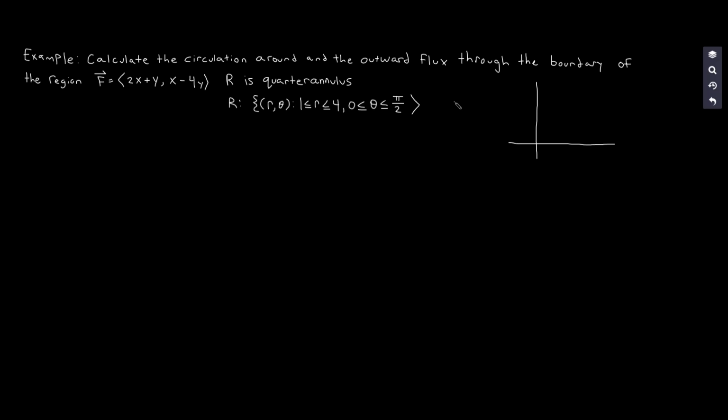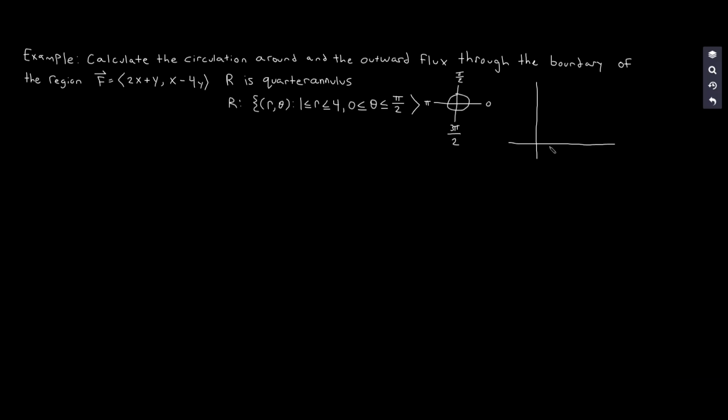When we deal with the unit circle, it goes 0, pi over 2, pi, and 3 pi over 2, because we're dealing with radians.